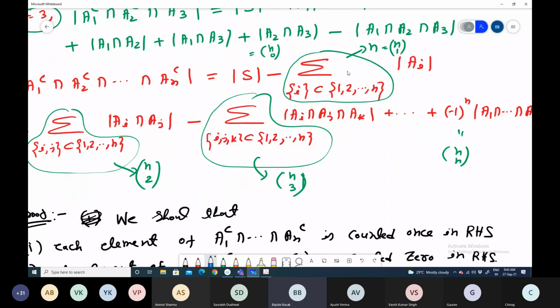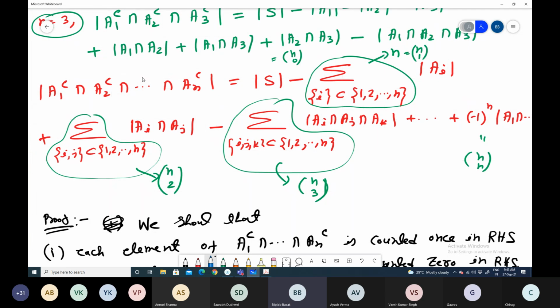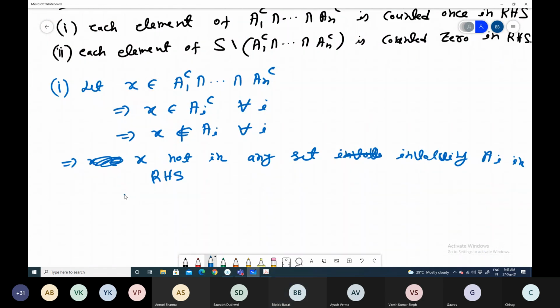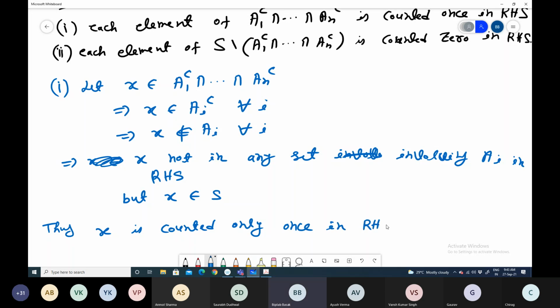So X is not in any of those sets, but X is in S in that one. So each element of this one is counted only once in the right hand side, and that element is only in this portion, right? But X is in S. So thus X is counted only once in the right hand side.